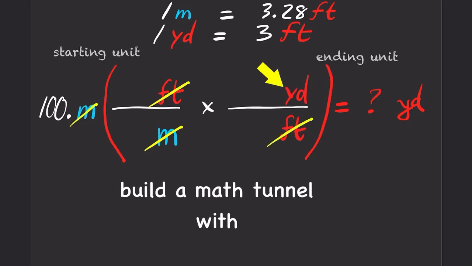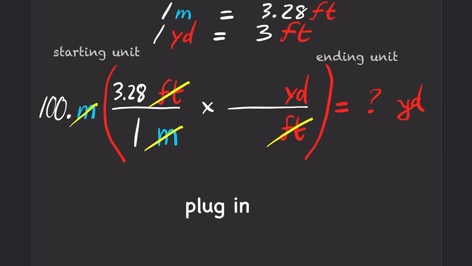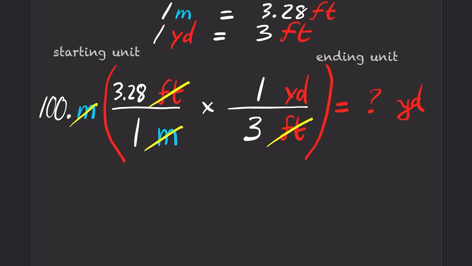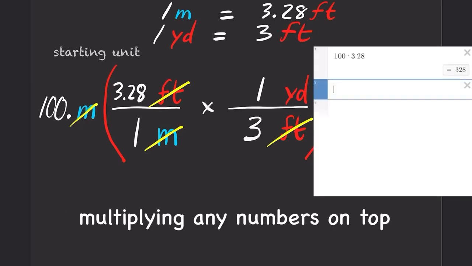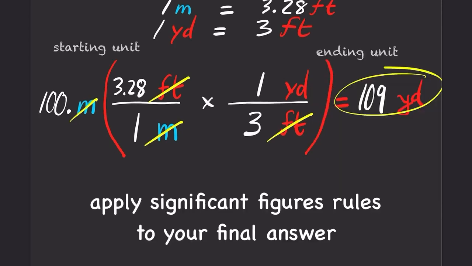Build a math tunnel with the conversion factors. 5. Plug in the numbers with the units. 6. Plug the numbers into your calculator, multiplying any numbers in the numerator and dividing by any numbers in the denominator. 7. Apply significant figures rules to your final answers.